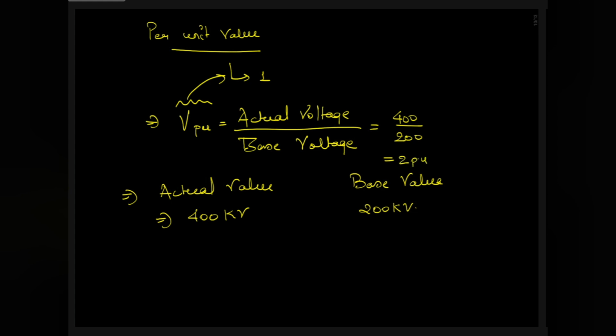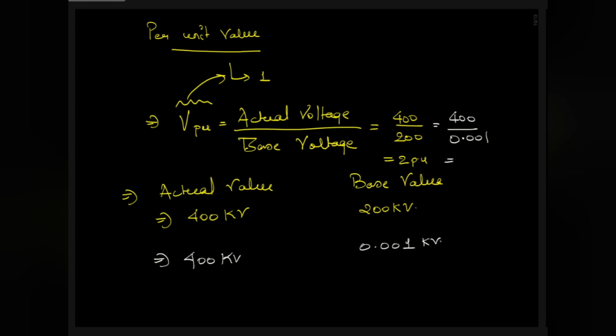This value is okay, but if you take actual value 400 kV and base value as 0.001 kV, then this is not a good practice, to take 400 divided by 0.001.